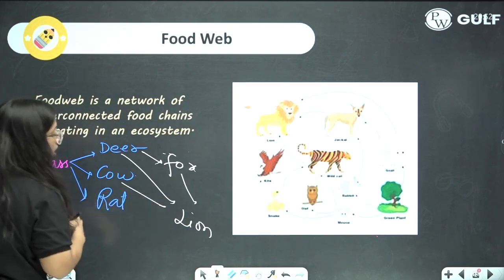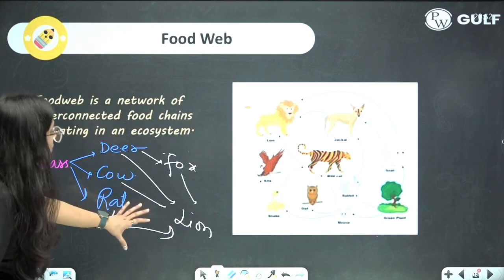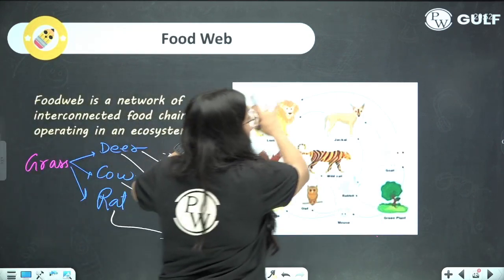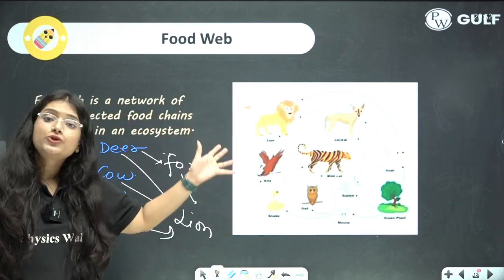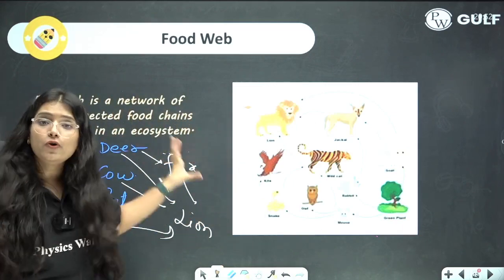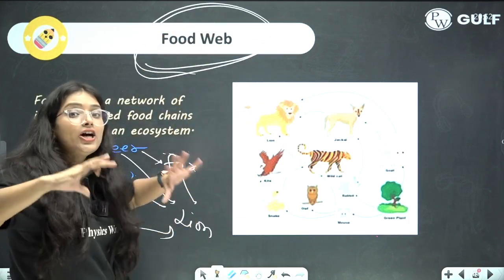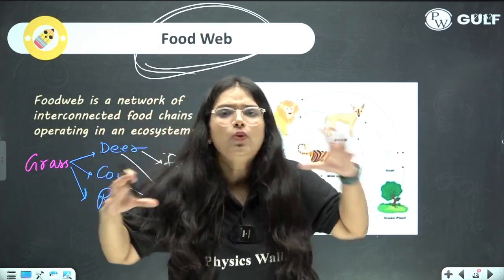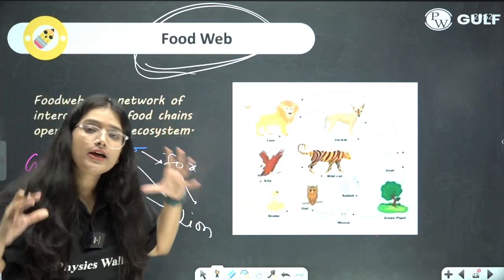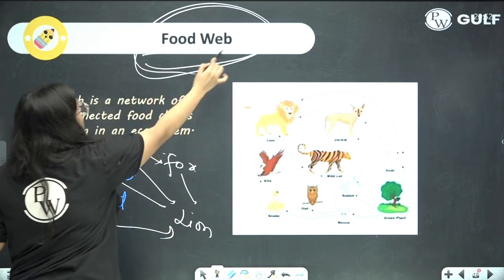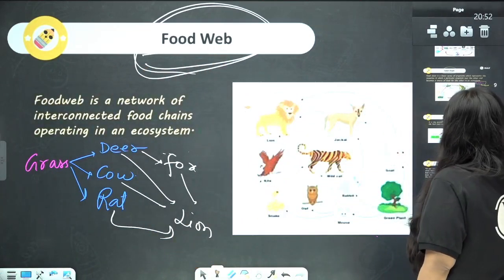It can eat the cow also. It can eat the rat as well. So here you can say that there are several interconnected food chains. These organisms have a lot of options. The interconnected food chains are known as a food web. Interconnection, right? That forms a network-like structure. That network of interconnected food chains is known as a food web, which consists of a lot of organisms.